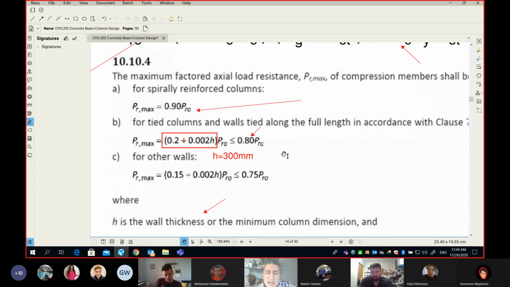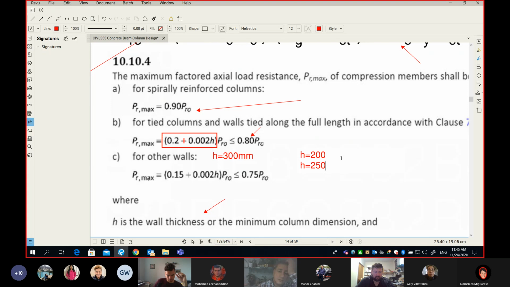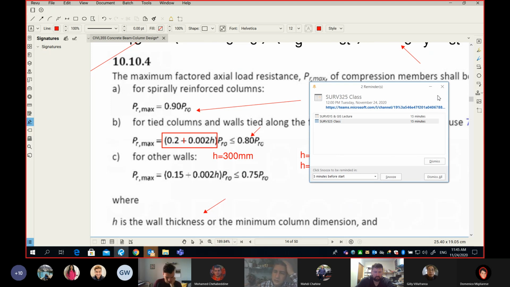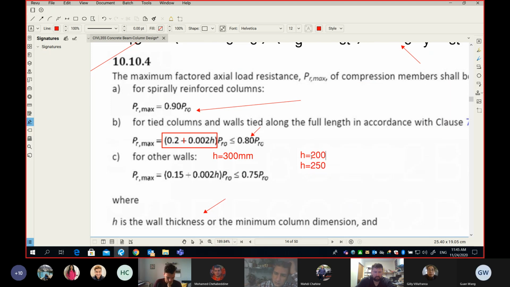So it can be, guys, help me out, please. Let's estimate this number for H equal to 200, and let's do it one more time for H equal to 250, please. Any help?